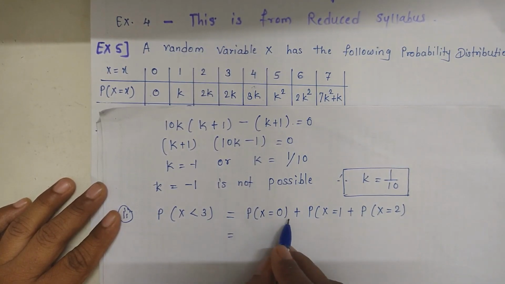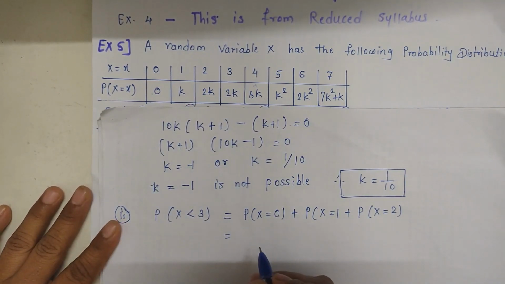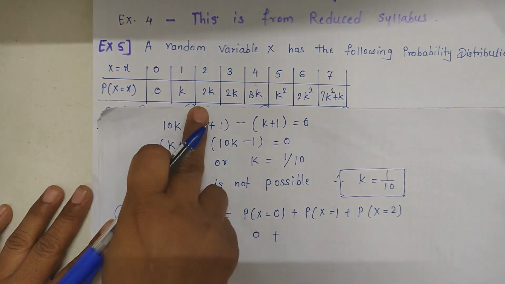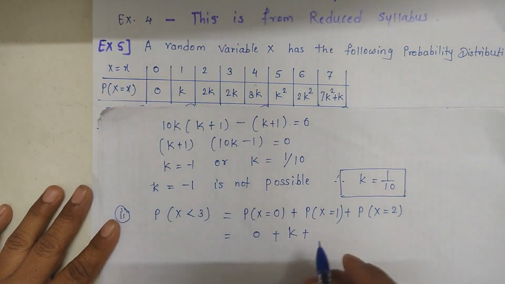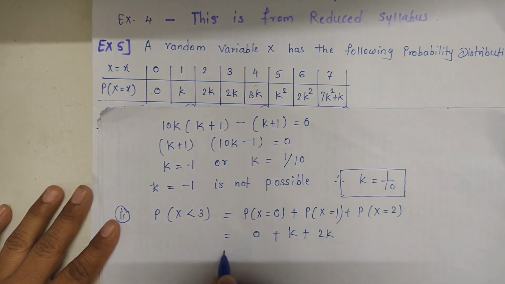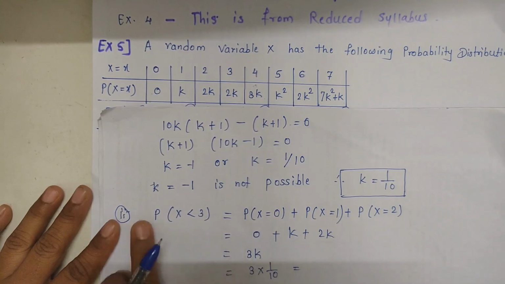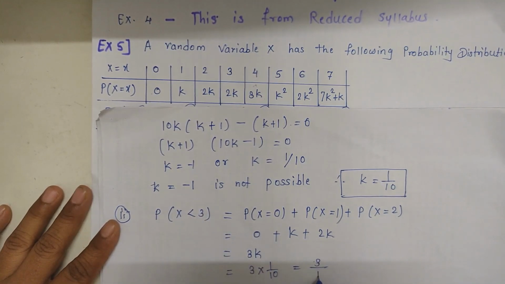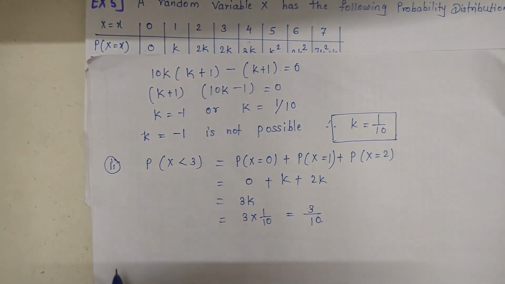Here probability of x is equal to 0, which is given in the probability distribution as 0, plus probability of x is equal to 1 is k, and probability for x is equal to 2 is 2k. So the total number of k's is 3k, and we know that k is equal to 1 by 10. So substitute k as 1 by 10. Then we get the value of probability of x less than 3 is equal to 3 by 10. This is the value of probability of x less than 3.